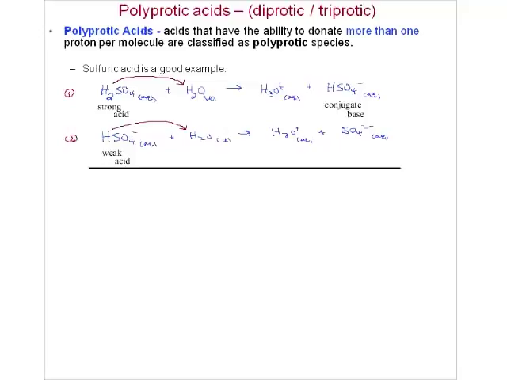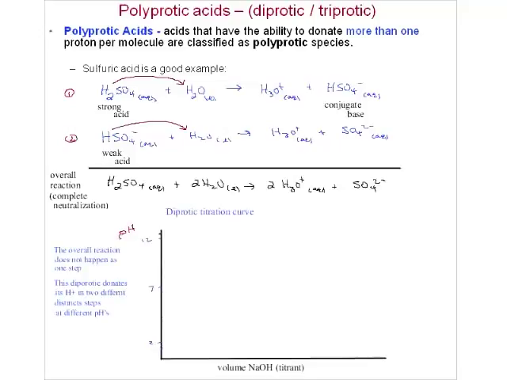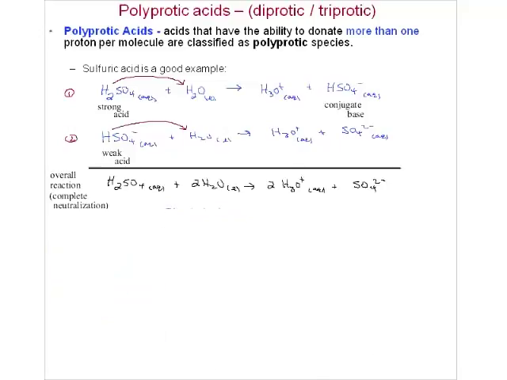So there we go. All right, so what's this going to look like in terms of a titration curve? Hold on now, let me just block this out. All right, when we look at this, we want to be able to write the overall reaction, and in a sense, this one here is going to be crossed out because it's being produced in this step, and then it's being consumed in step 2.